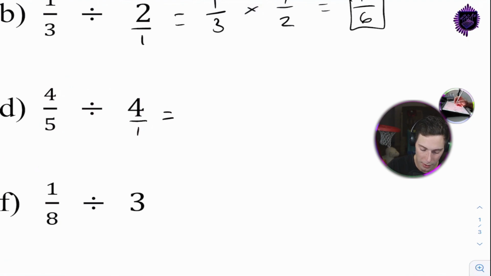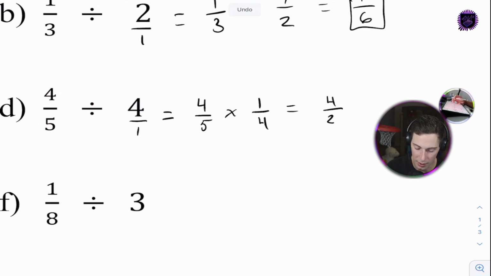So let's rewrite it as 4/5 multiplied by the inverse of 4/1, which is 1/4. And we can just simply multiply across to get 4/20. Oh, I did it again. Let's step back here. I can simplify.